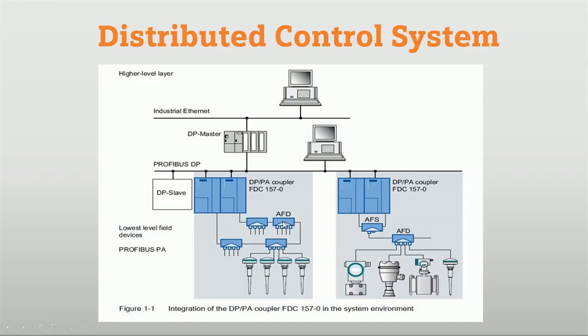Here we have used AFD, the active field distributor. Generally the active field distributor is used for connecting field devices with the coupler. Here we have used ring redundancy, so when any active field distributor fails, the coupler can carry the data to the automation station. Like that, AFD and AFS are used for establishing redundancy in this DCS system.